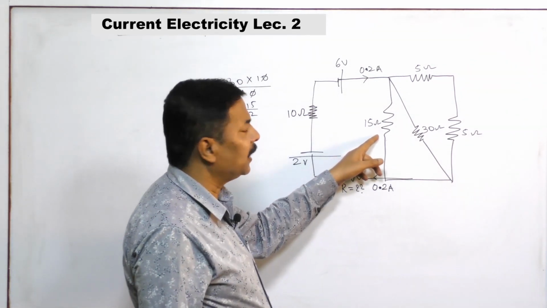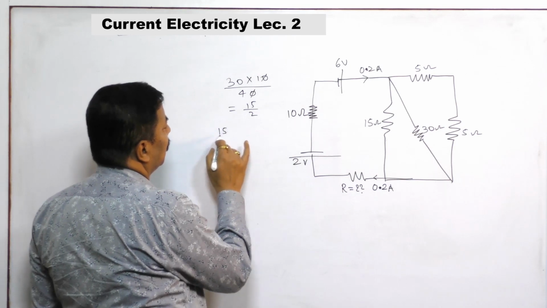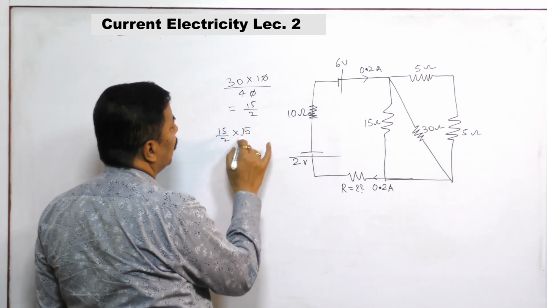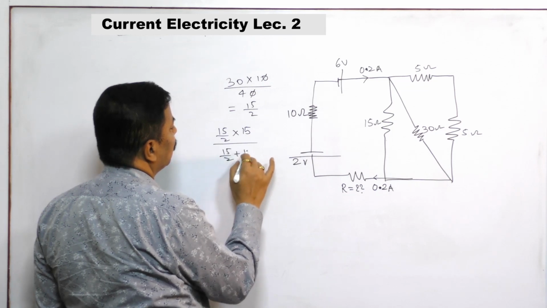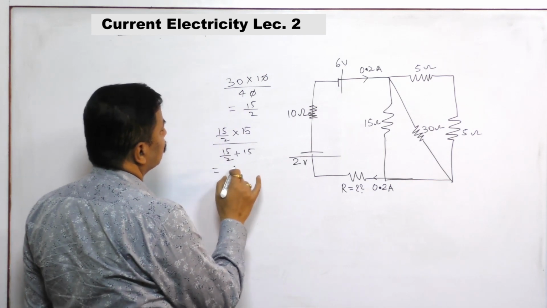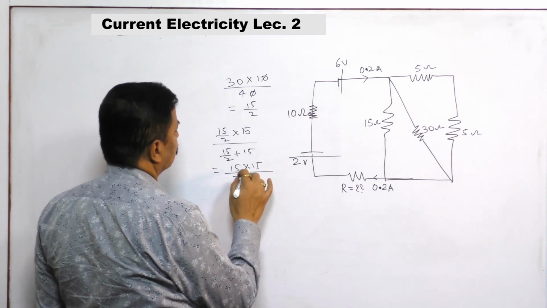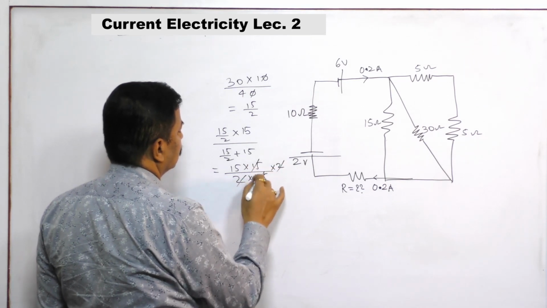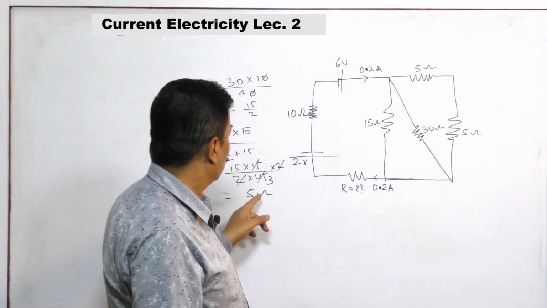And here 15 is again in parallel. So this is giving you 15 by 2 into 15 by 2 plus 15, product by sum. So you are getting 5 ohm.